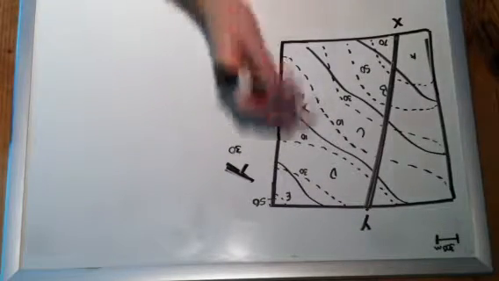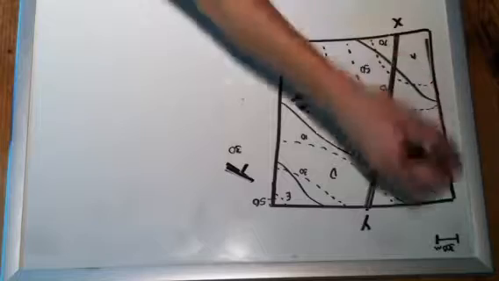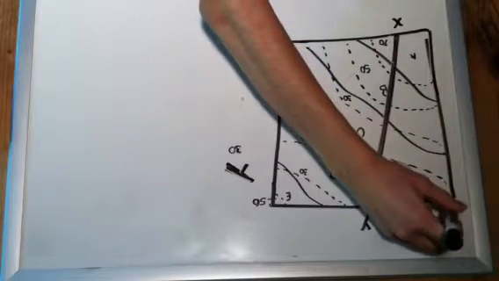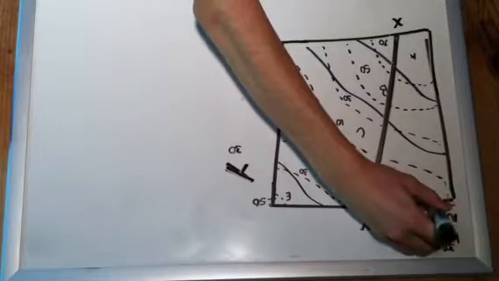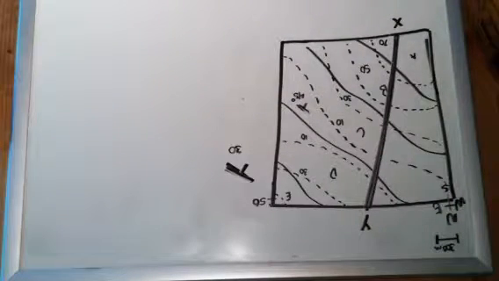And if you just place this onto our profile here, then you can just use the directions to let yourself know in which direction the strike and the dip are. So I'll just put a little compass up there. North, east, south, and west, typical compass orientation.